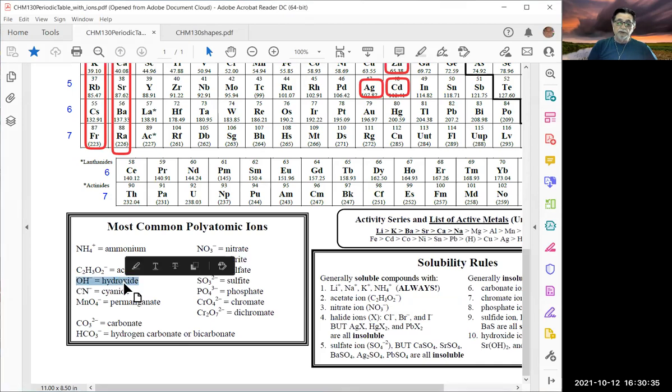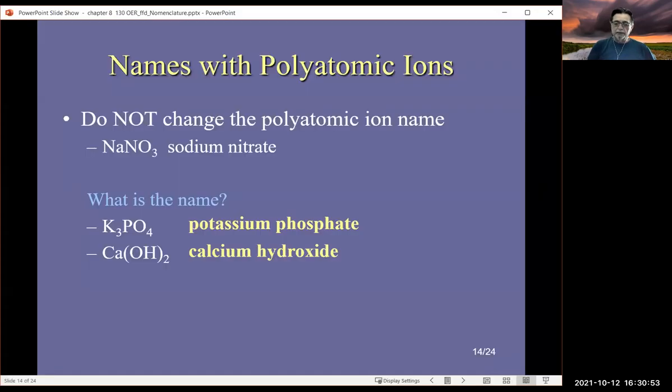OH, and that's called a hydroxide. All right, so that is the name for what's inside the parentheses, hydroxide. And the metal is calcium, so basically its name is calcium hydroxide. Okay.